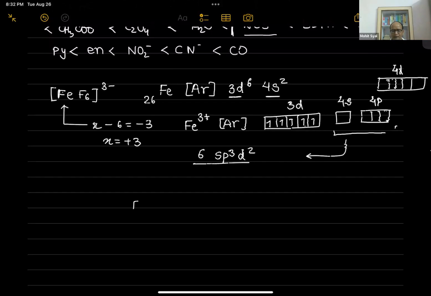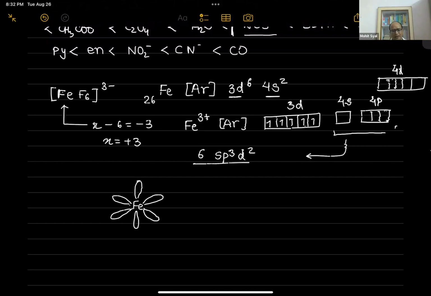So Fe will have empty orbitals, 6 of them. Before hybridization, they were different. One was S, the 3 were the 4p. They became the same because I want to make them participate in the bond formation. So I need to make them the same by mixing them.